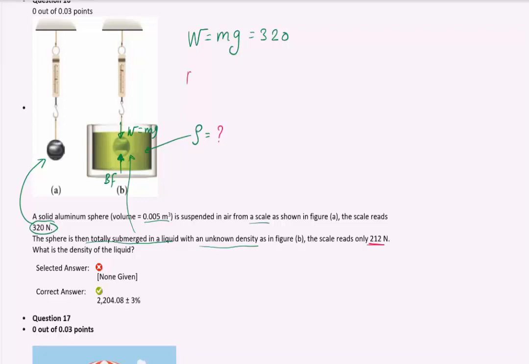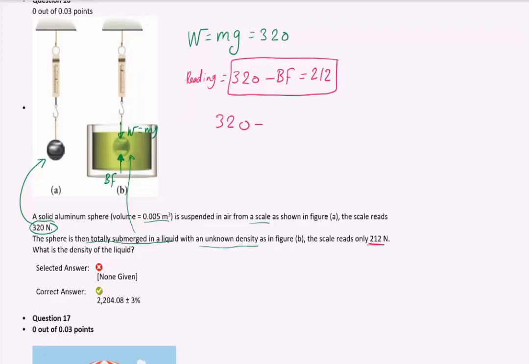So we said the reading of the scale equals the weight, which is 320, minus the buoyant force. So this is 212. So we make an equation now. What is the density of the liquid? So we need to find the density. From this equation, 320 minus buoyant force. Buoyant force equals what?